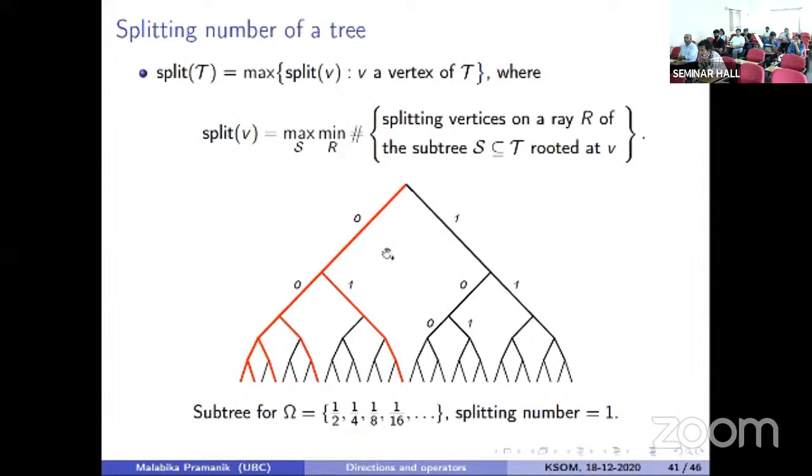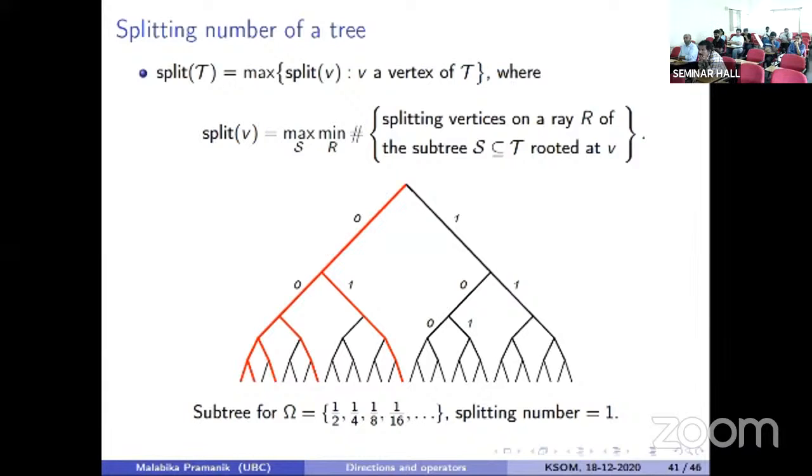Here I have drawn in red the subtree corresponding to the slope set 2 to the power of minus j, this one, union 0. For each subtree, Bateman defines a quantity called the splitting number of the tree.